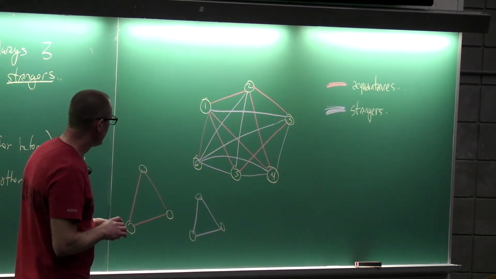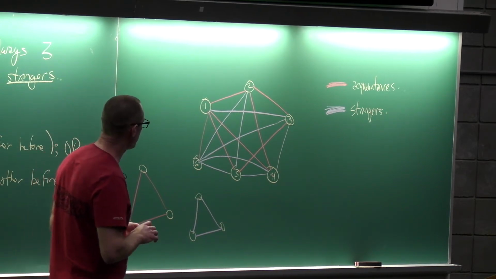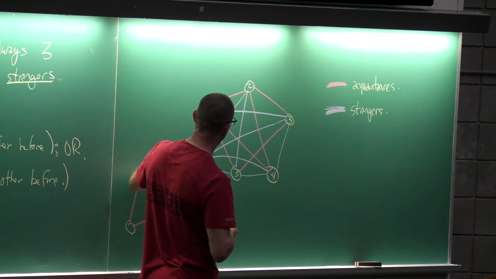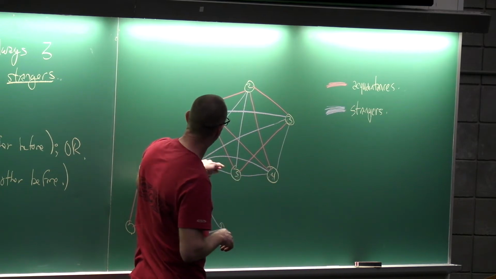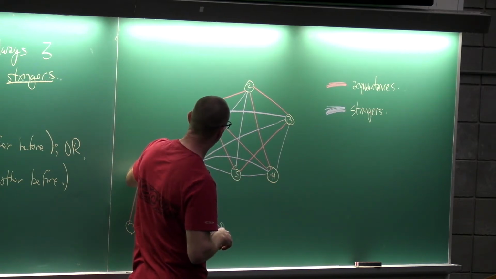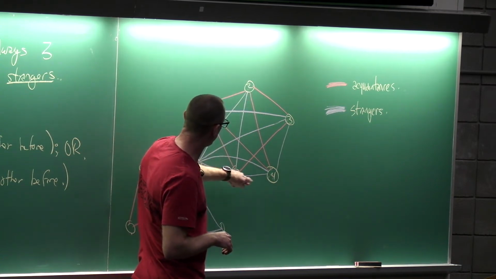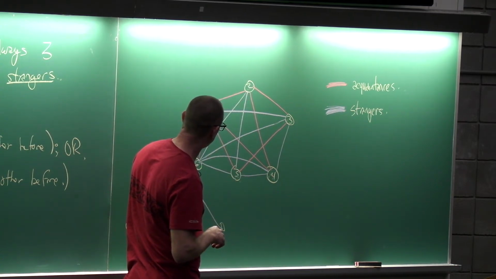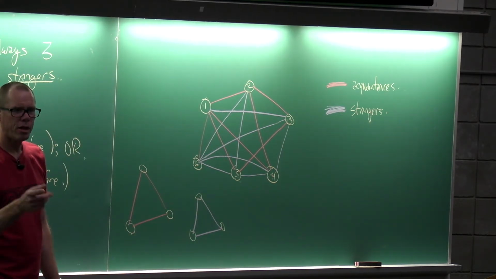So what's an example of strangers? For example, 6, 2, and 5 is 3 strangers, right? 6, 2, 5, there's a purple triangle. Okay, thank you, sir. Good save.